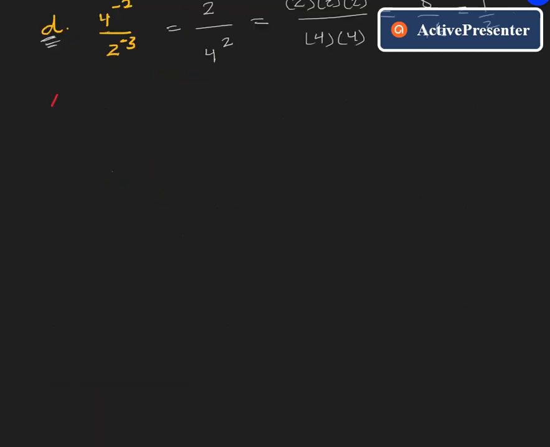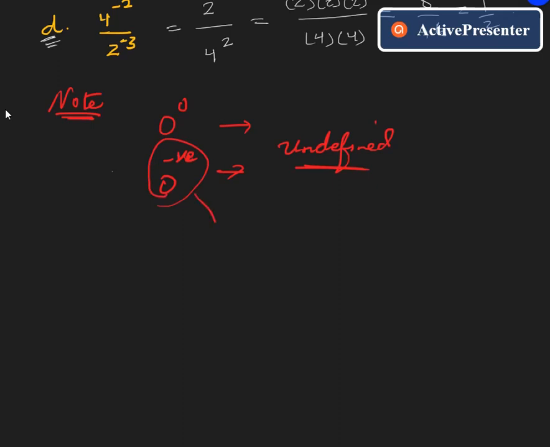Please note that the expression 0 to the power 0 or 0 to any negative power, these two values are undefined. 0 to the power of a negative number can be written as 1 over 0 to the power of the positive number, or if you say it in another way, 0 to the power minus n is written as 1 over 0 to the power n.